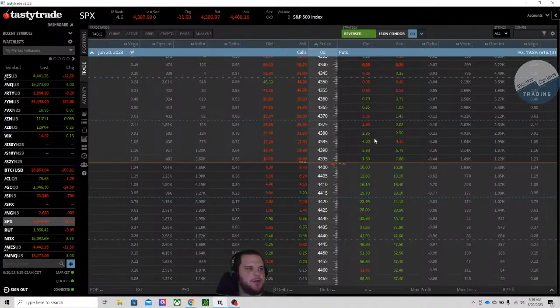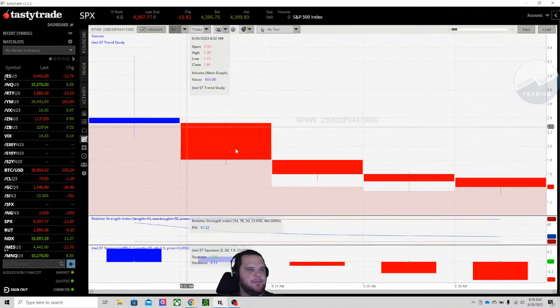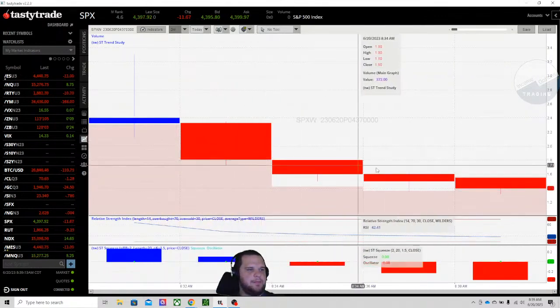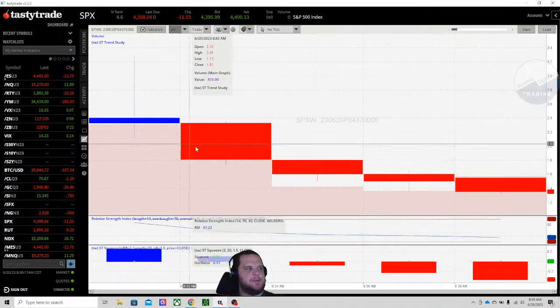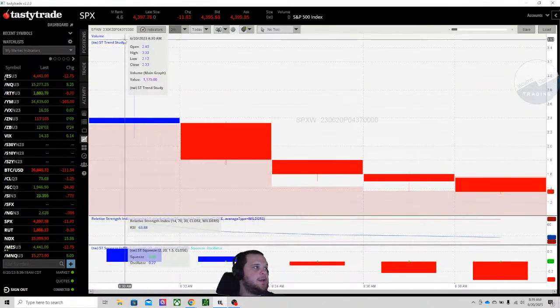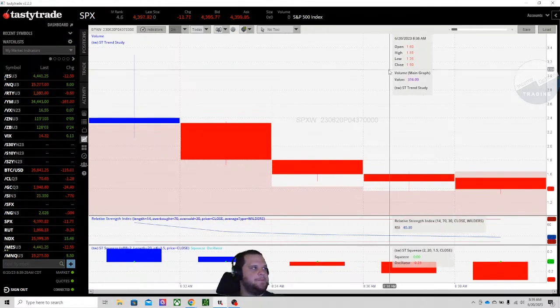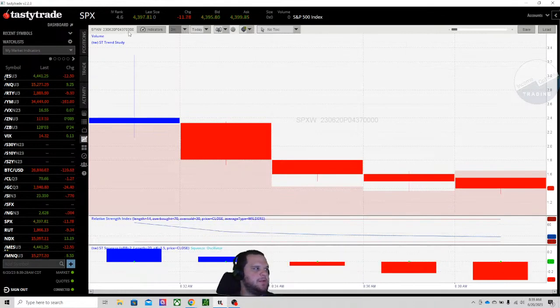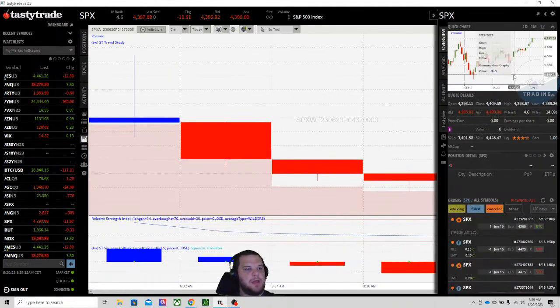In tastytrade, if you right click on the bid ask of any option, you can click view option in chart. Sometimes that's helpful. If anything else, you can put alerts on these options. When I click that, you can see that the ticker changed to this actual put. It's the 4370 put, it looks like is what I clicked on there.